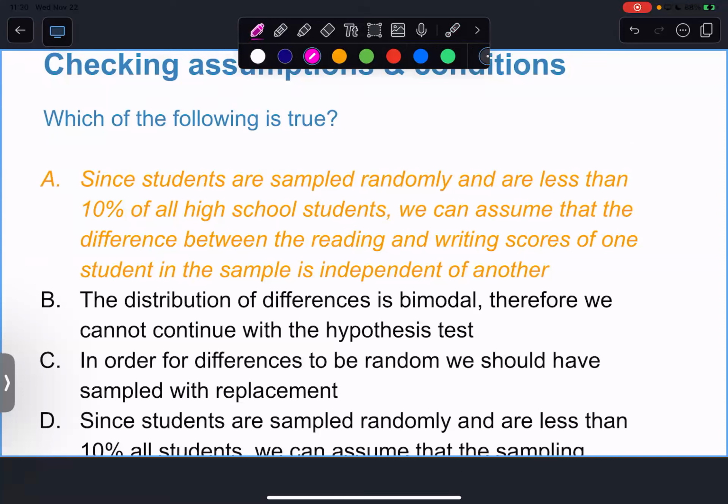So randomly sampled, that's something to look for when we're checking our assumptions. That's always one of the assumptions. So if you're completely blanking on your assumptions, just write random check, and maybe make sure that it says somewhere in the blurb they were randomly sampled, and then you can write random check. Good enough. It's part marks.